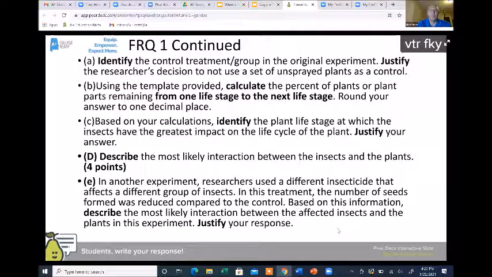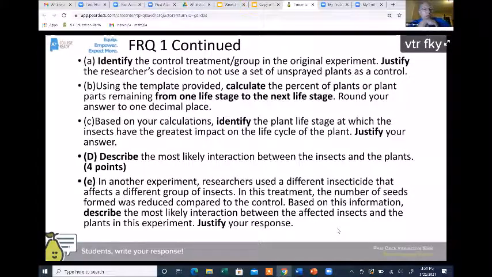All right, so this part A is as easy as it looks like it ought to be. When it says identify, you're just going to say the control treatment was, and you guys are going to say, what's the control treatment in this experiment? The plant sprayed with water. Yeah, okay. Yes.